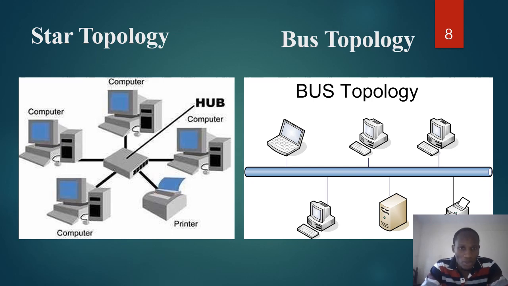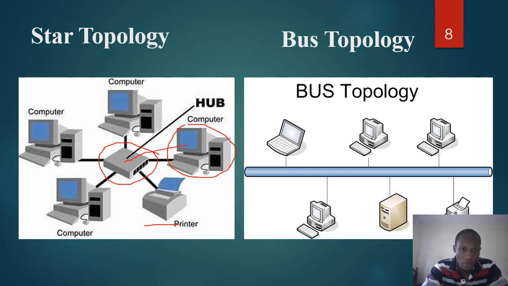Star topology, you can see we have a central node here, which helps us to visualize this star. Then we have the other nodes connected around that central hub. So if this computer intends to print something on this printer, there is no direct connection, only through the central hub.